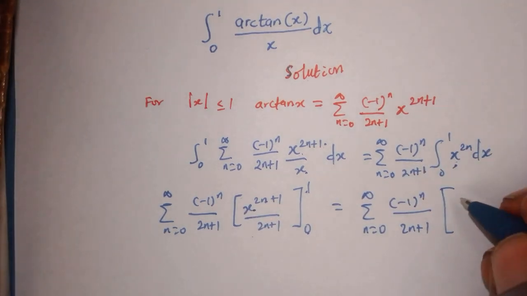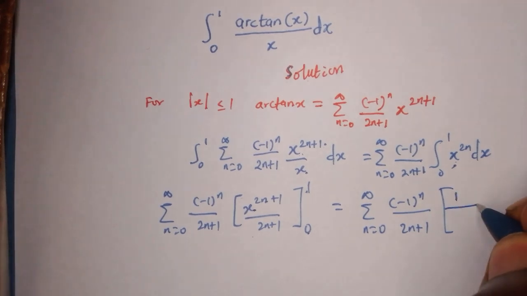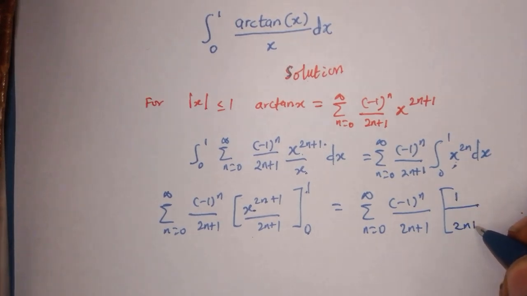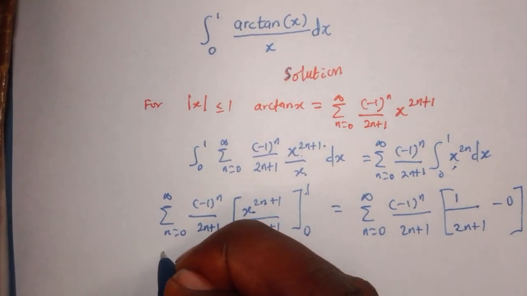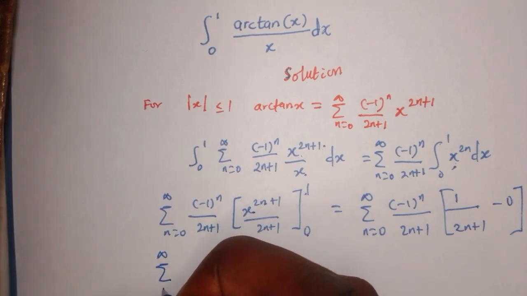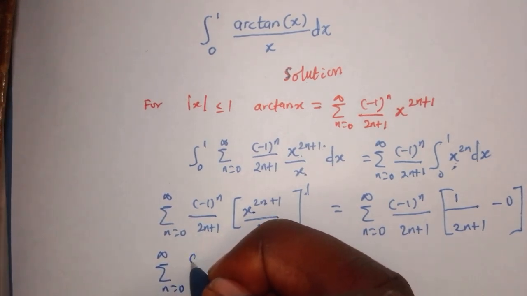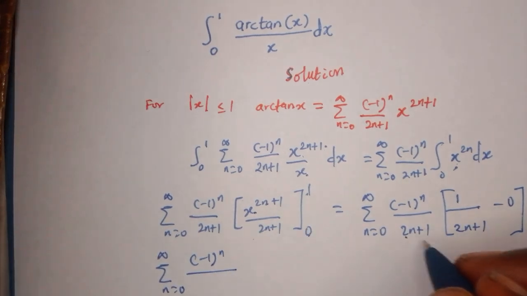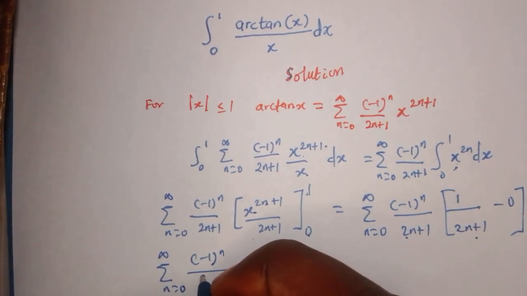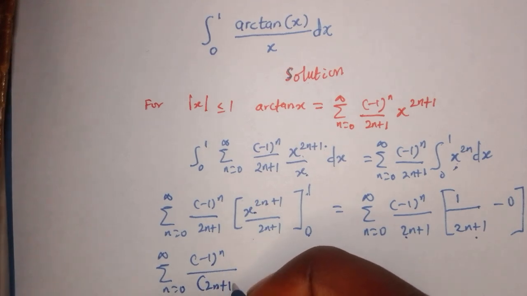So what you are going to have now is 1 over 2n plus 1, minus 0. So we have the sum of n from 0 to infinity of minus 1 raised to the power of n over, 2n plus 1 multiplied by 2n plus 1, which gives us 2n plus 1 raised to the power of 2.